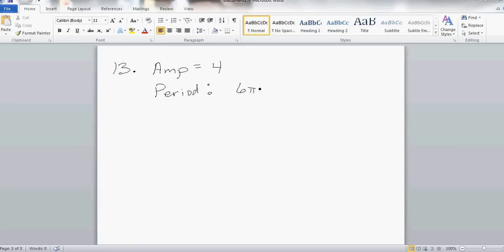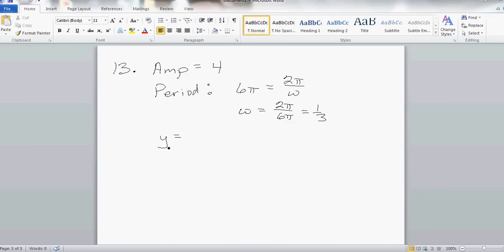It's going to have to be determined by 2 pi over omega. So we need to do a quick calculation here to determine what omega is so that we know what to put in its proper location. So omega is equal to 2 pi over 6 pi, or 1/3.